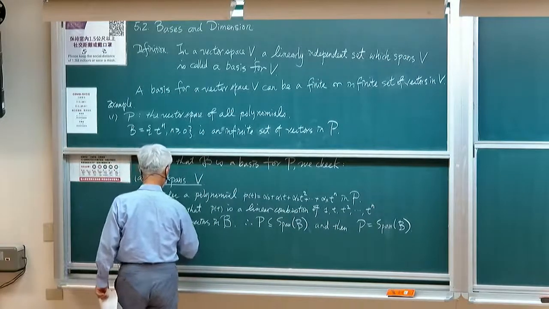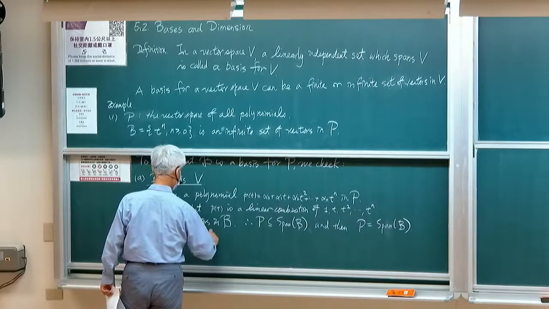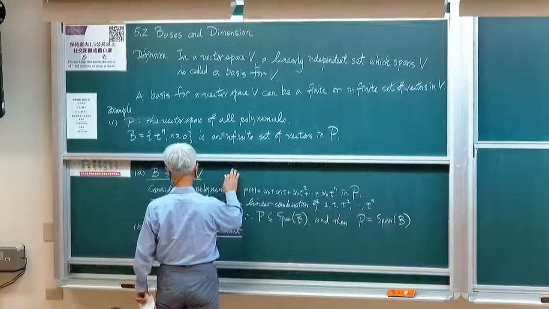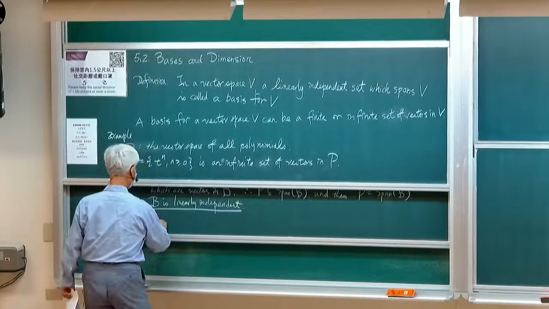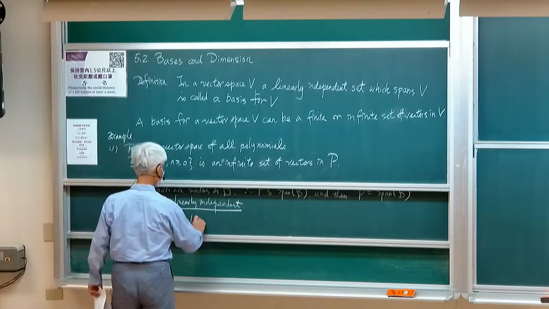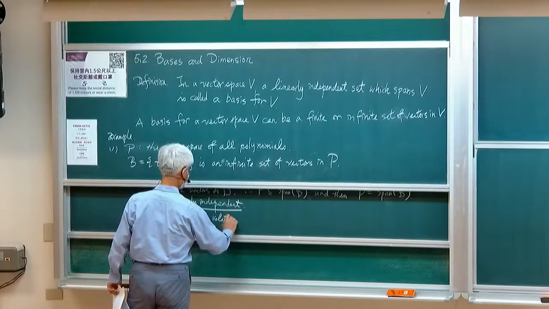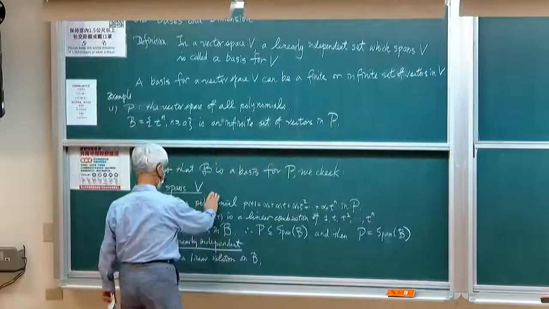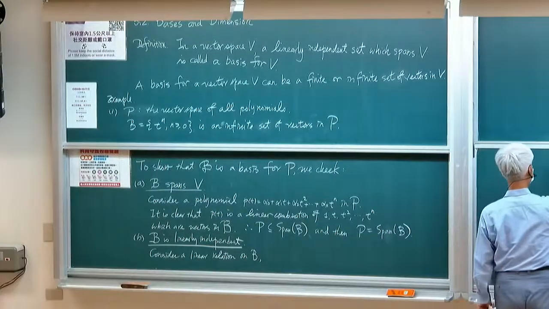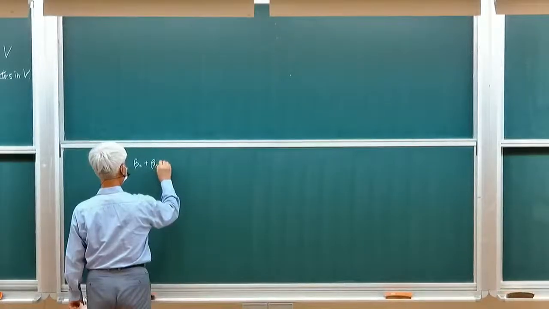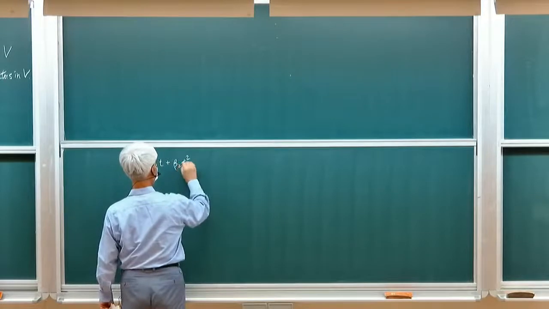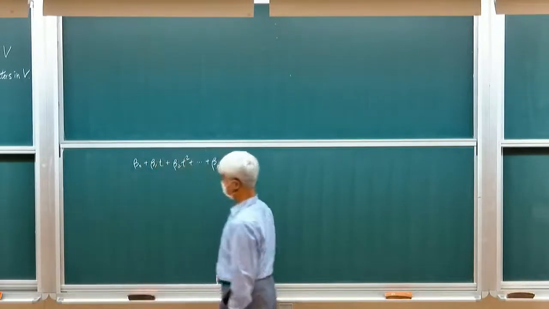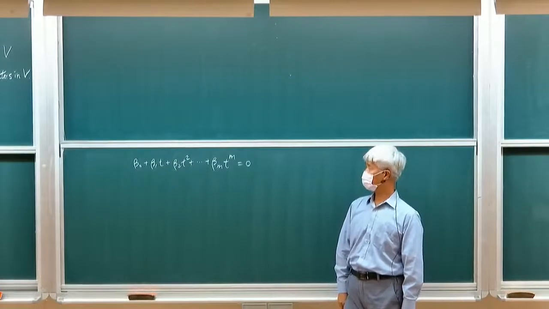B is linearly independent. All right, so consider a linear relation on B. Okay, so a linear relation on B can be written as, say, beta 0 ... equals 0.